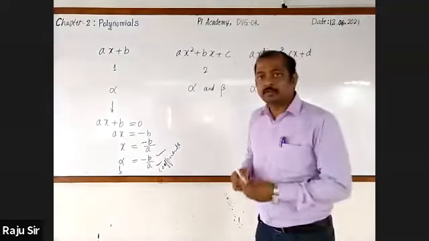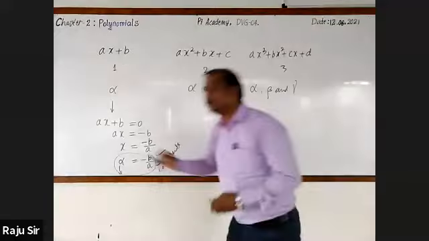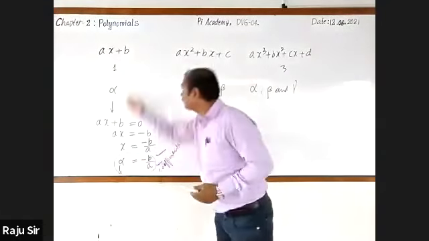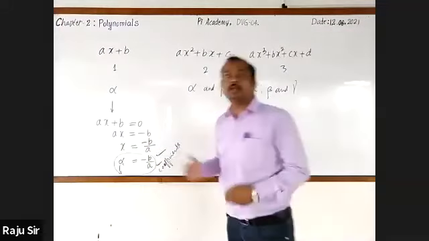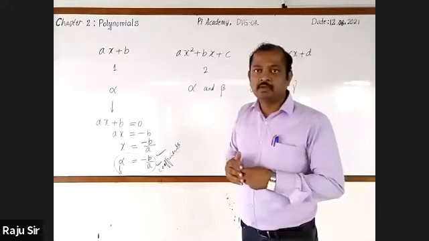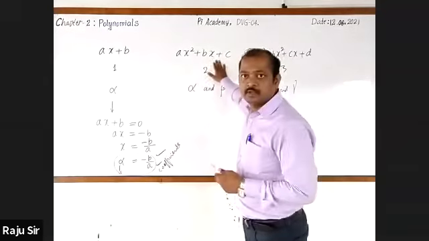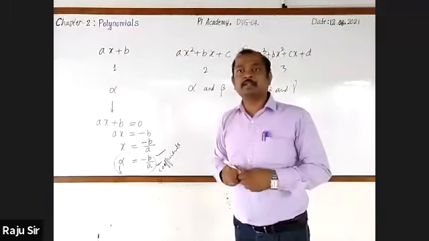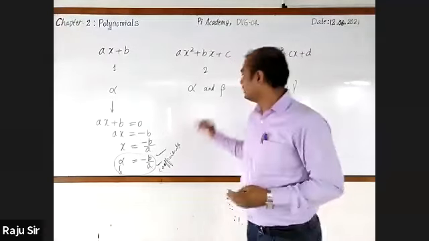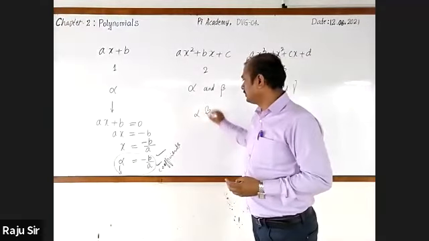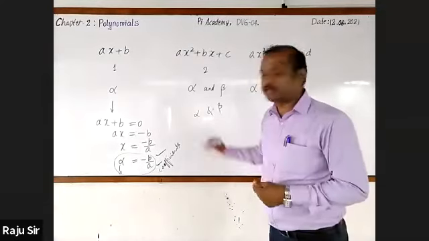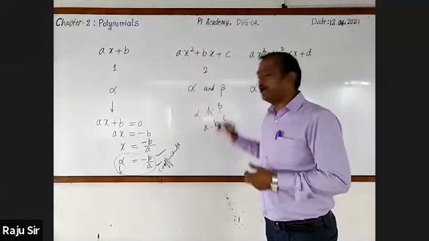So from this statement, we can see that there is a relationship between the zero of a linear polynomial and its coefficients. For a quadratic polynomial, there is a relationship among the zeros alpha and beta and the coefficients a, b, and c.